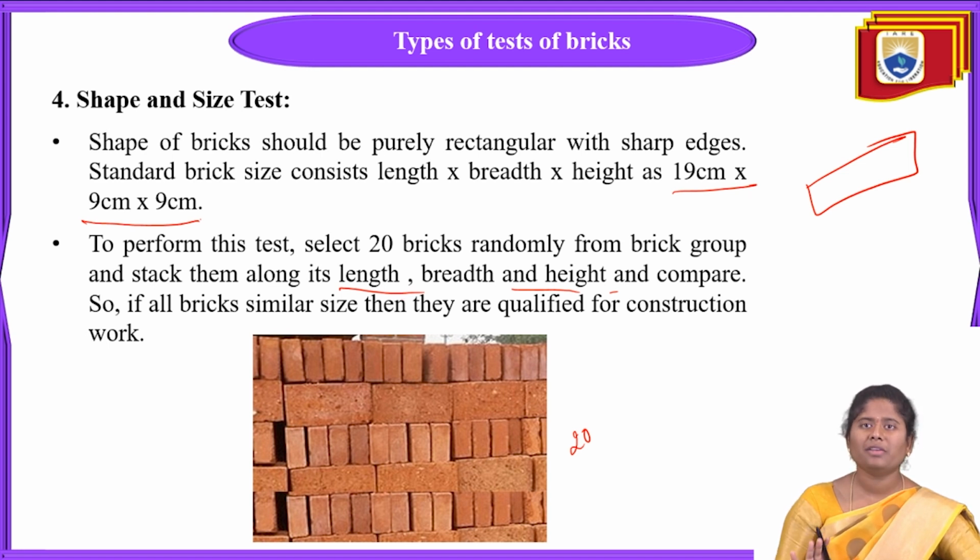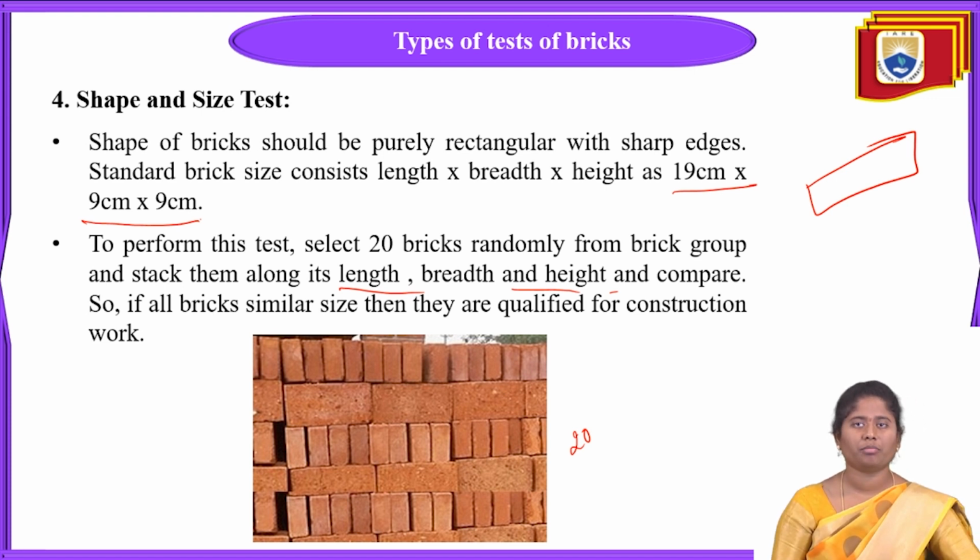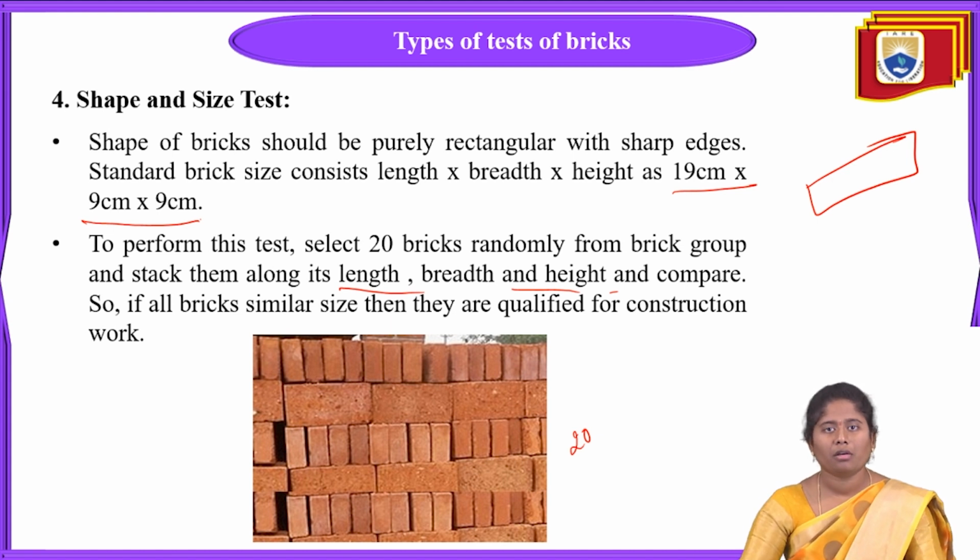Just by seeing this, we can easily tell. Some of the bricks are of similar size and some are not. If each and every brick is of similar size, then they are qualified for the construction process.